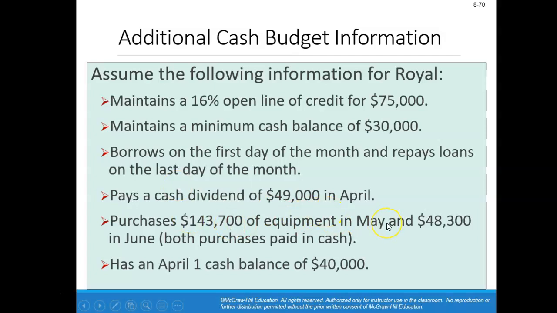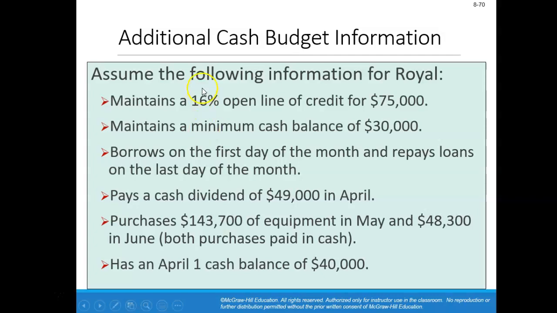And in the month of June, we're going to buy equipment for $48,300. So you might need to pause this video and write down this information so when you see it on the next slide, you'll have it. Now, at the beginning of April, our beginning cash balance was $40,000.